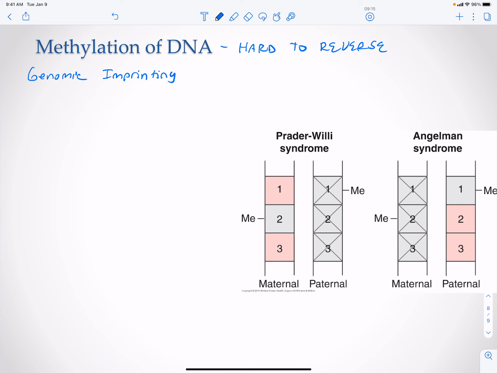this means that the process of silencing a gene occurs during the formation of eggs and sperm.